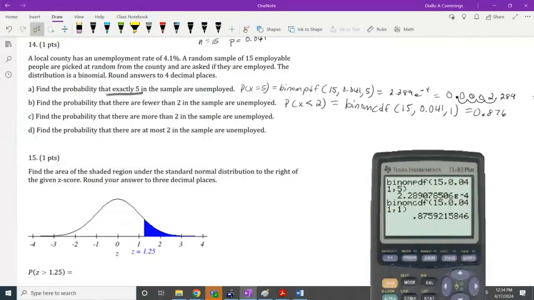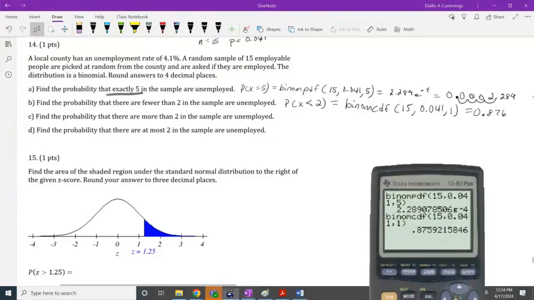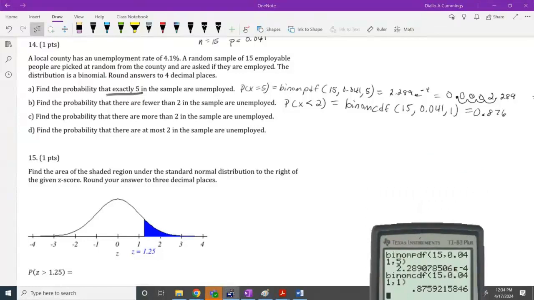All right, now C says find the probability that there are more than 2 in the sample. So keep in mind the binomial CDF gives us from that number below. Whenever it asks you for more than, you have to use that 1 minus. To write this out as an inequality, we want the probability that x is greater than 2. So that's going to be 1 minus the binomial CDF for 15, 0.041, 2.